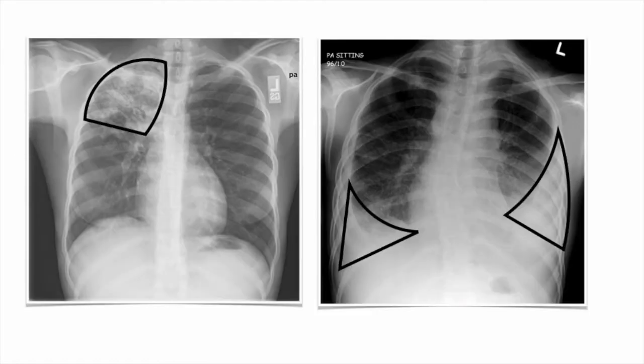So you can see here, in case of adults, ill-defined patchy opacifications. In this case, on your left side you can see this right upper lobe opacification, and on your right side, both lower lobes opacification.